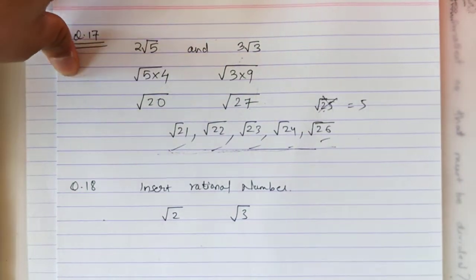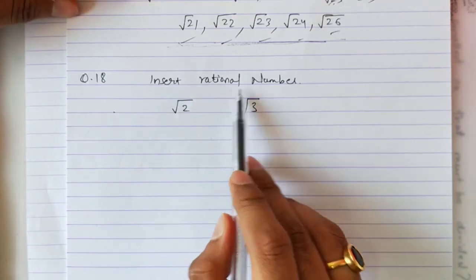Now, last two sums, insert rational number.